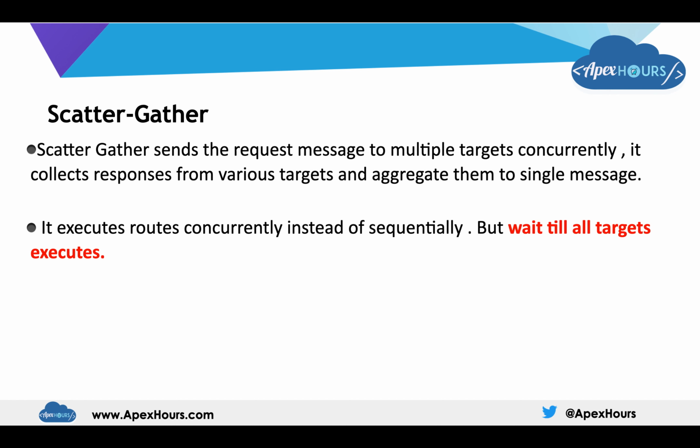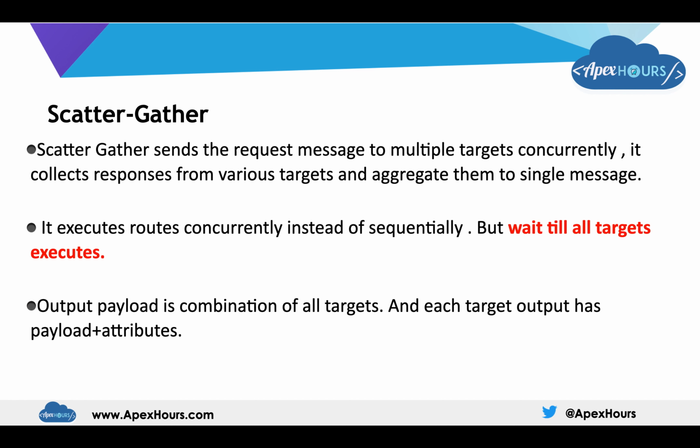It collects the responses from the various targets and aggregates them into a single message. It executes routes concurrently instead of sequentially, unlike the choice router, which goes sequentially: first one, second one, then third one. But scatter gather executes concurrently, and it will wait until all targets are executed.